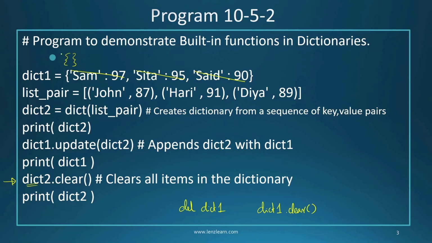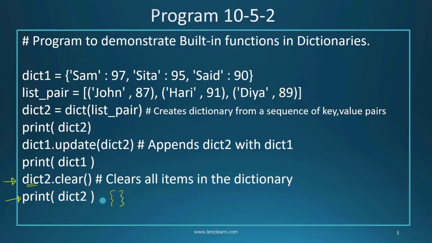So the dictionary is not removed, only the data is removed. But if you use the inbuilt function del on dict1, it will remove the data and also the dictionary. So after that, dict1 is non-existent. It is not even present in the memory. So that's a fundamental difference between the delete inbuilt function and the clear inbuilt function when you work on a dictionary.